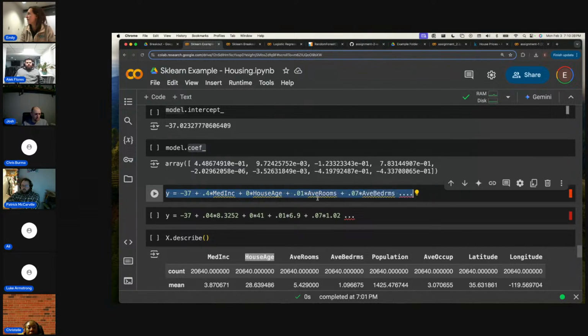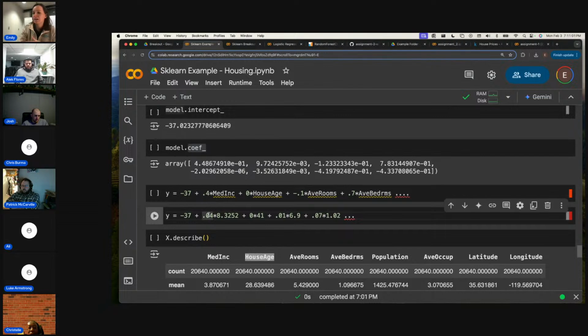Guess it doesn't matter. Plus 0.01 times, I actually think it's 0.1, sorry. Plus, this is actually a negative value, negative 0.1 times average rooms plus 0.7 times average bedrooms, etc.